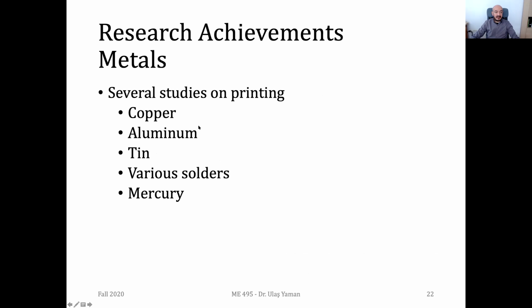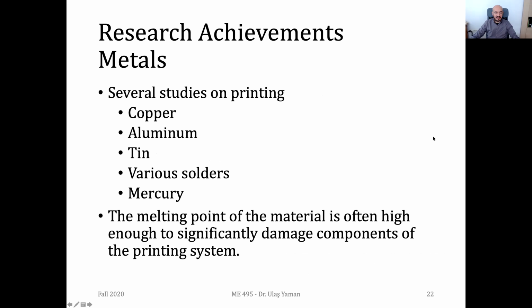There are also some studies on copper and aluminum, but for difficult materials like steel, obviously we cannot have it. And mercury, as you know, is already in the liquid state at room temperature, so you can have some special operations and try to print it. So the most important issue is the melting point of these metals.